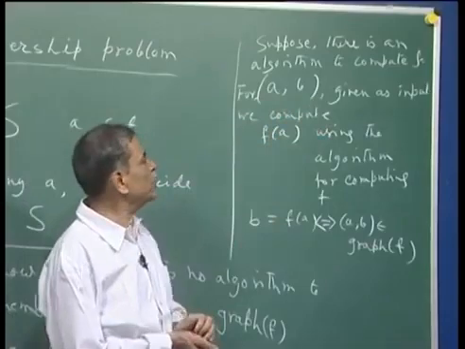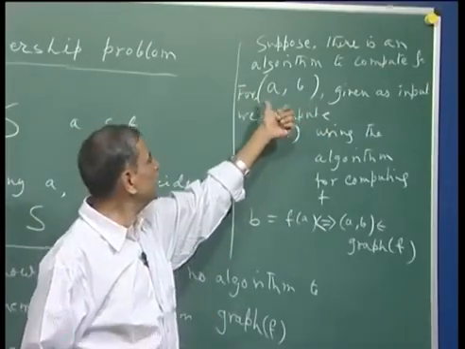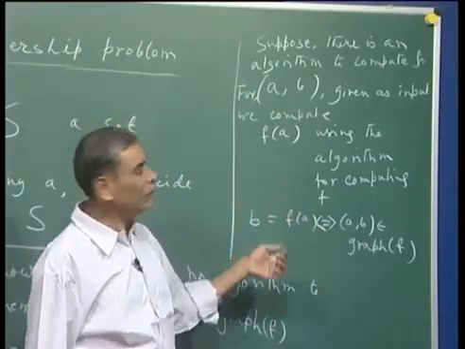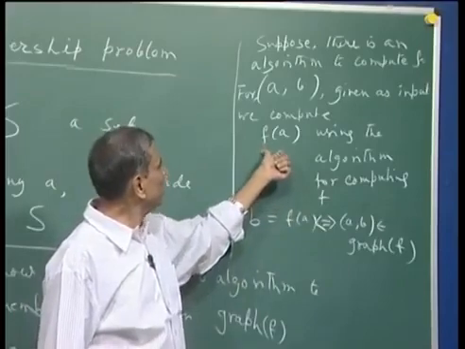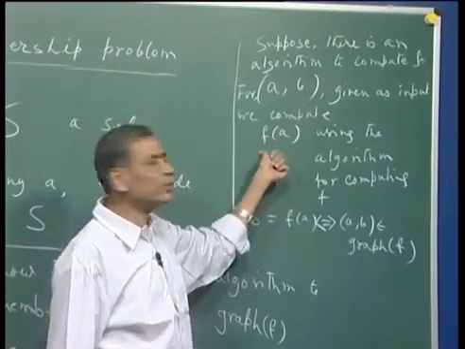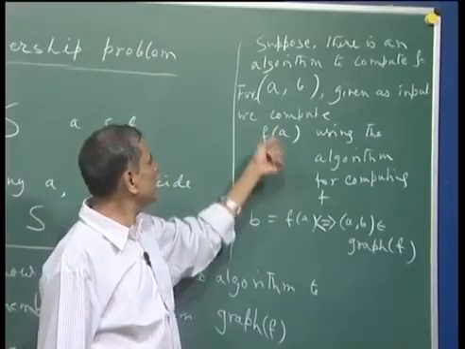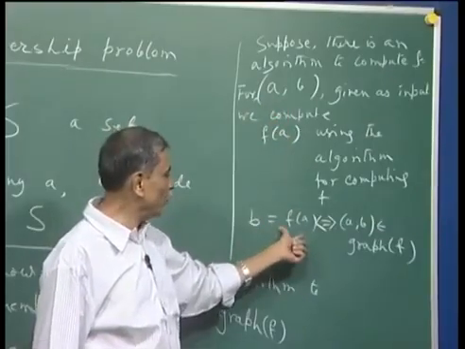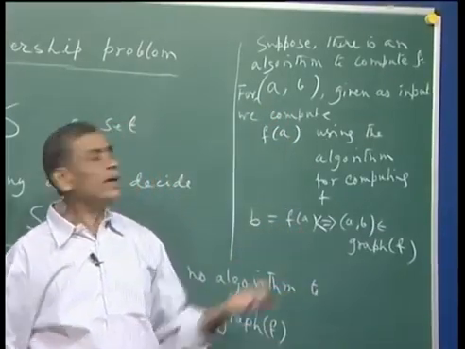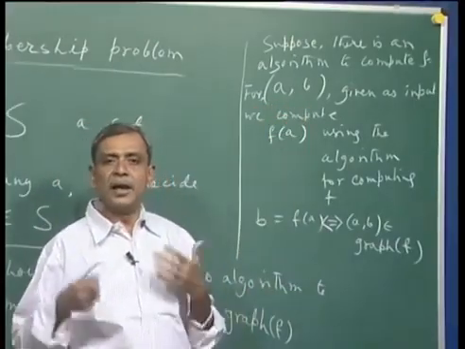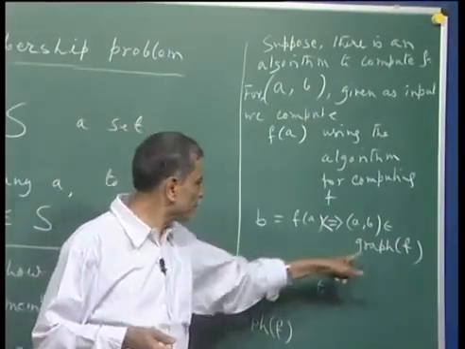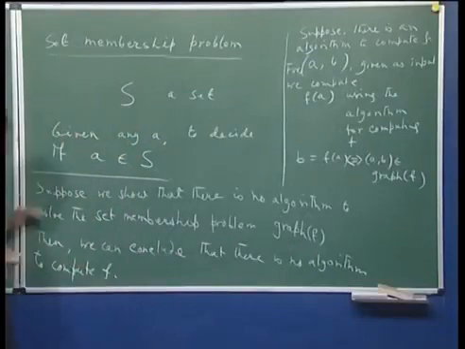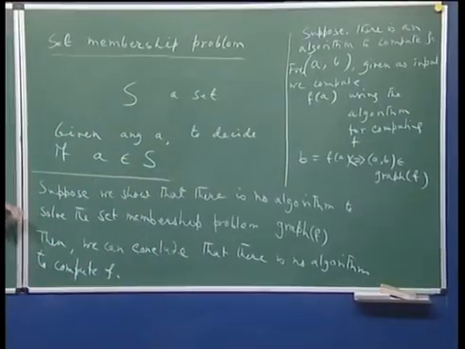The set membership problem was: given (a, b), check whether this tuple is a member of graph of f. This tuple is a member of graph of f if and only if f of a is equal to b. And since I have an algorithm to compute f, I take the first argument, compute f of a, check whether b is equal to f of a, and then I can answer whether (a, b) is a member of the set graph of f. So, this statement we have proved.